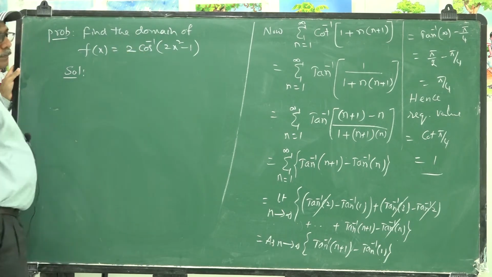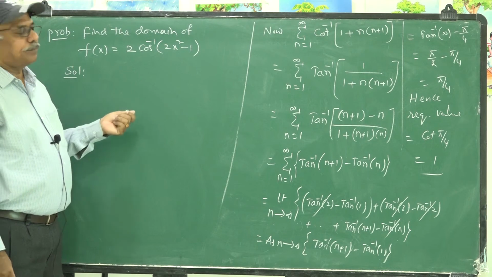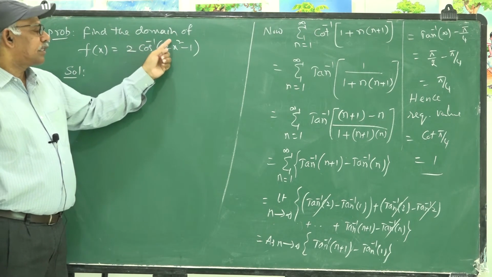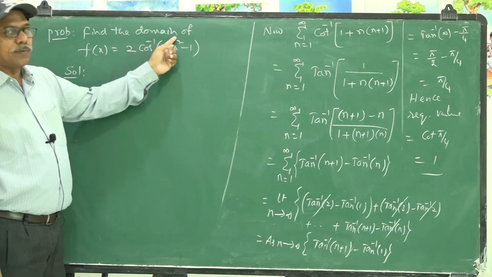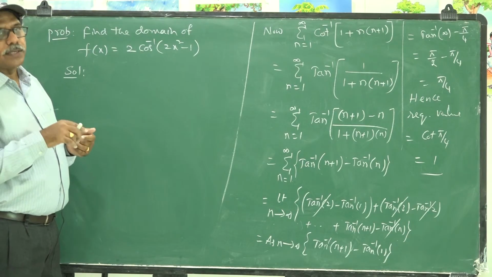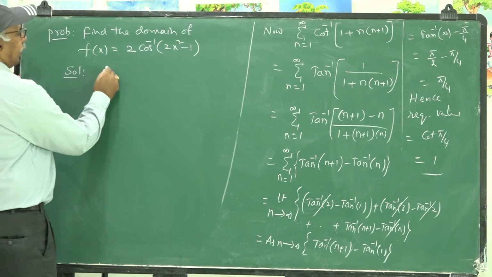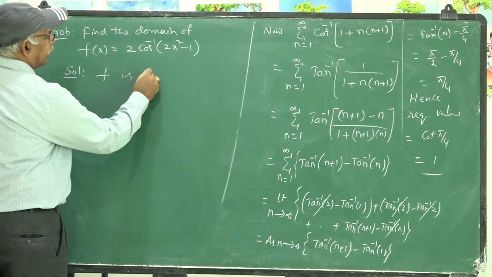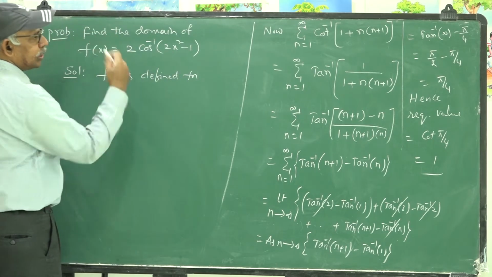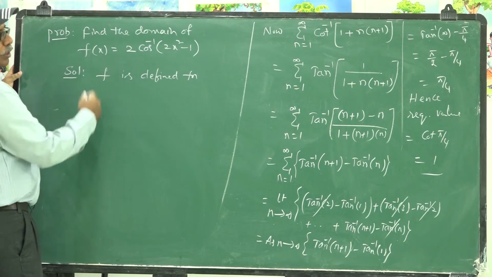We know that cos inverse of 2x square minus 1. Cos inverse some capital X is defined when our capital X lies between minus 1 and 1. So, the function is defined for, this 2 is constant, nothing to worry about this constant.